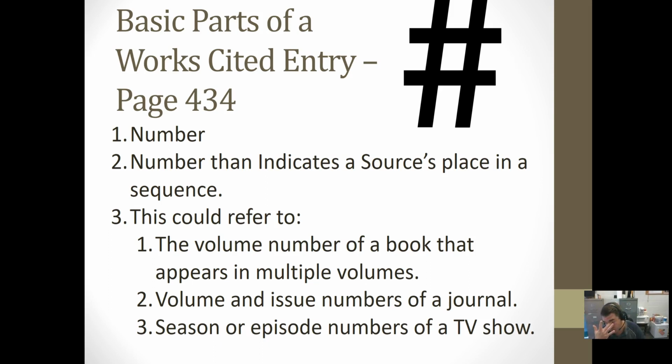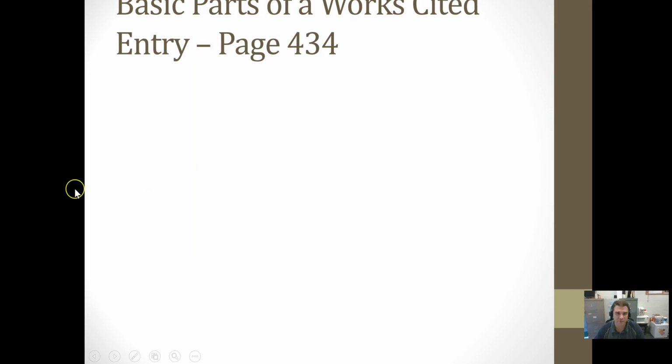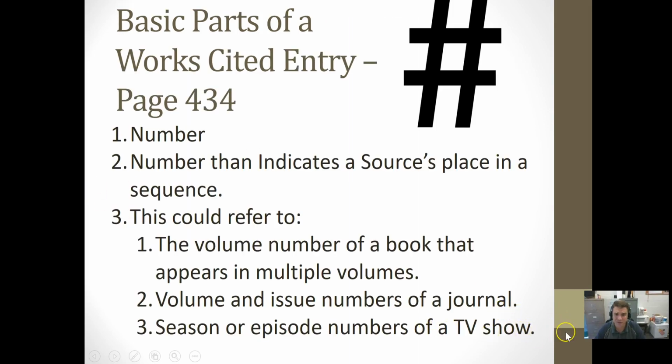Sometimes the volume is called something like spring or summer, fall, that sort of thing. But this is going to be the volume number of a book, volume and issue numbers, or the season or episode numbers of a TV show. Some TV shows have numbers as opposed to episode names. For example, with episode names, if you were watching, say, Friends, or using that for a paper, I don't know why you would, all the episodes start with 'The One With the' and fill in the blank.